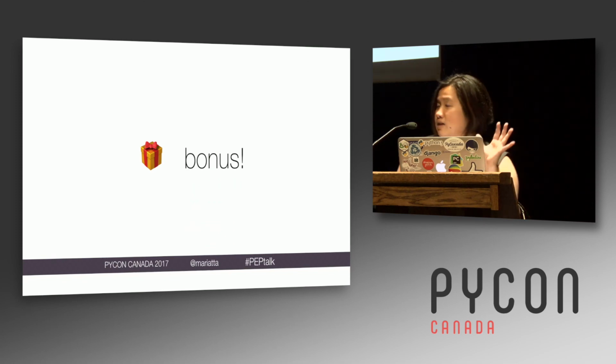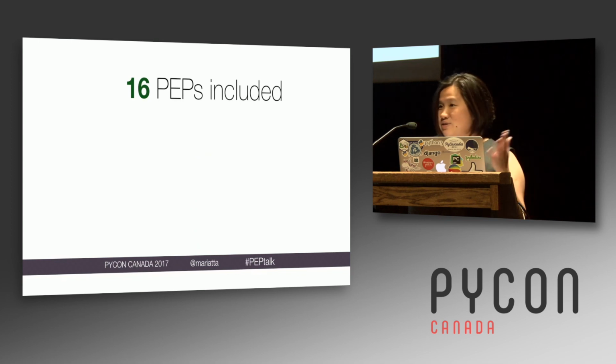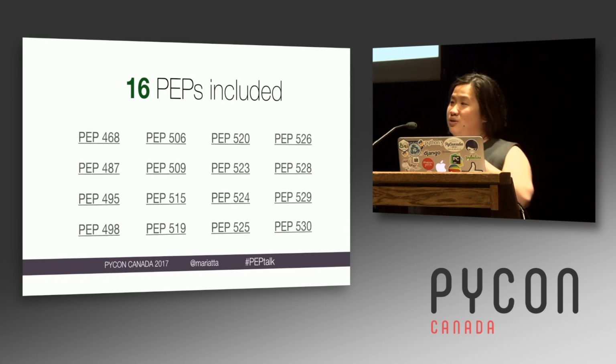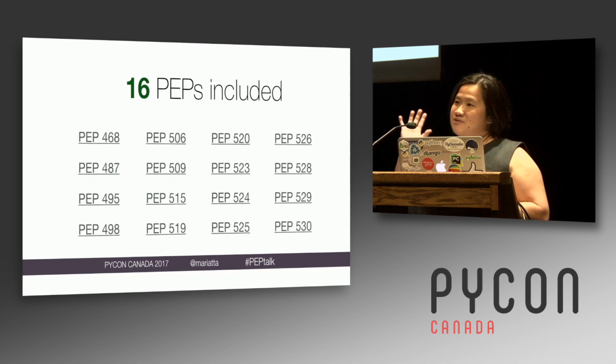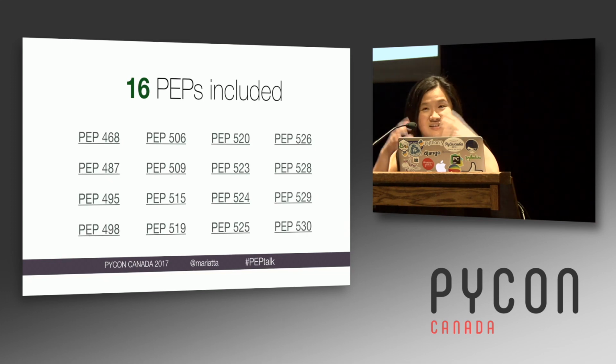You're not upgrading to Python 3.6 because of f-strings, but because in addition to PEP 498, there are 15 other PEPs. You know what? I've just told you what a PEP is, what it represents.